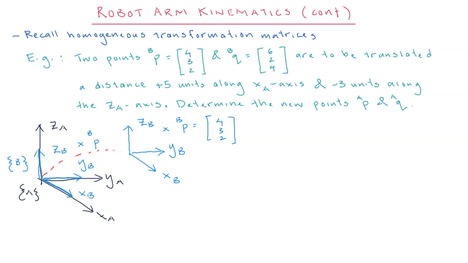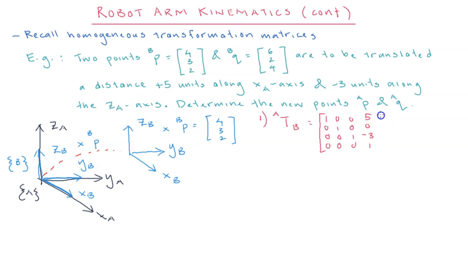There are two ways to solve this problem. One is to directly come up with the homogeneous transformation matrix TBA, and since there's no rotation, the rotation submatrix is simply identity. The last row is always 0, 0, 0, 1, and the position of this origin with respect to coordinate frame A is 5, 0, minus 3.